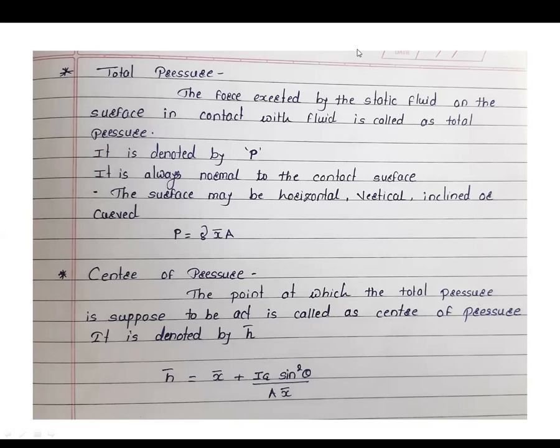The formula is the same, but splitting it, gamma equals rho into g, so rho g x bar into A. Only A is added in this formula, because the total pressure capital P equals the intensity of pressure small p into area. So rho g h into A is the formula for total pressure.